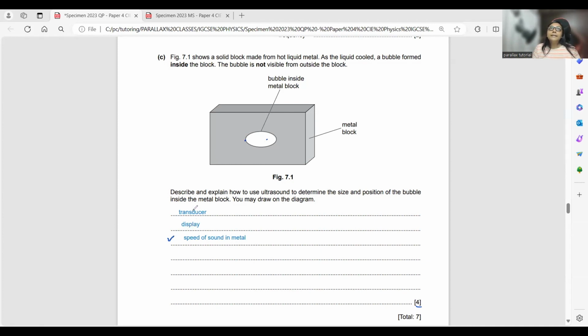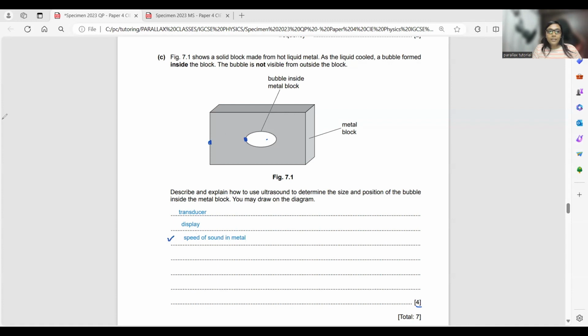The display will tell you at what time the ultrasound came back and you will be able to record the time. So you know the speed of sound in the metal, you know the time it took to hit back, and therefore you can calculate how much distance the ultrasound has traveled. So therefore you can locate the position of this bubble.